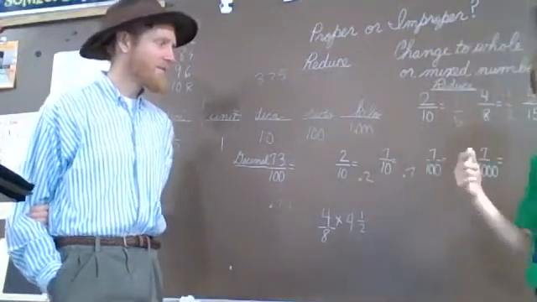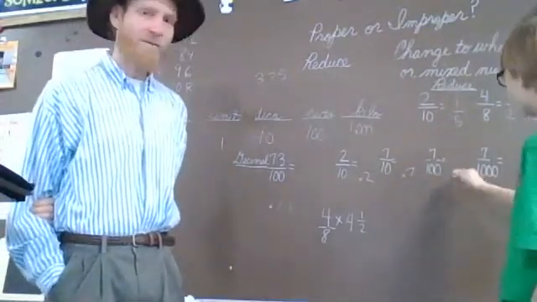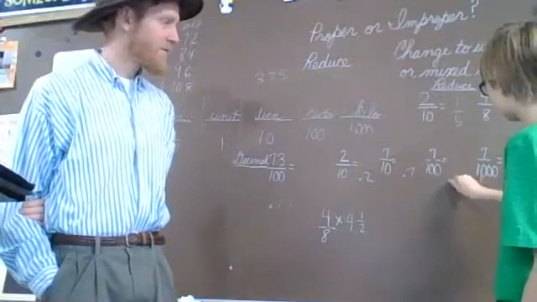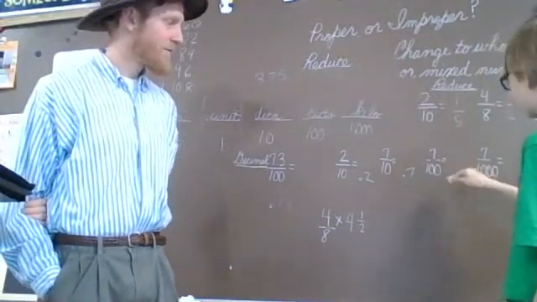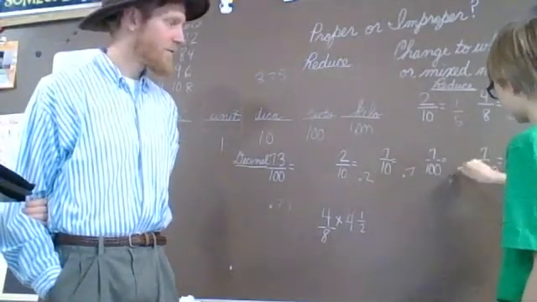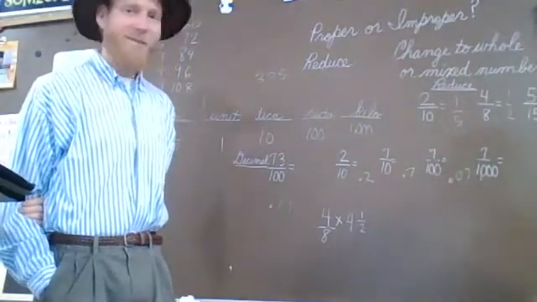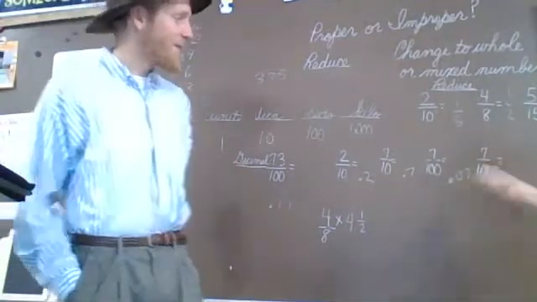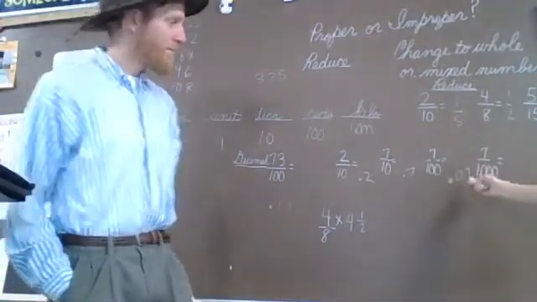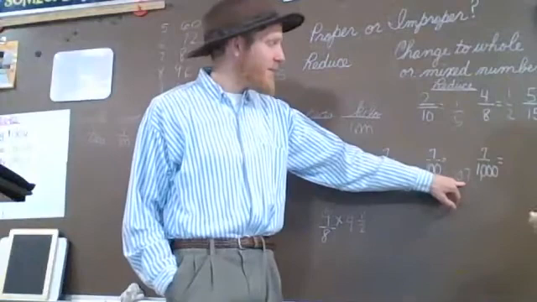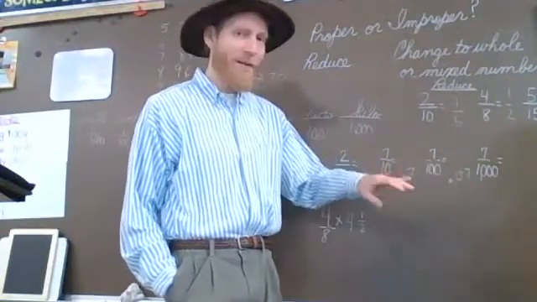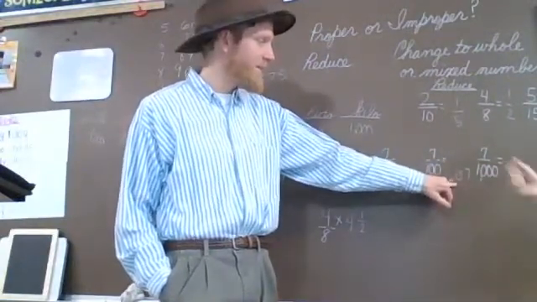Okay, this one is where it gets a little bit tricky. 7/100ths. So only 7 is at the top, and we need 2 numbers. So just add a placeholder: 0.07. And if it was 1,000ths, you would add 2 placeholders to make the 7 and the 1,000. We need 2 places, so we have to put a 0 in front. Not a 0 behind, but a 0 in front. Right.